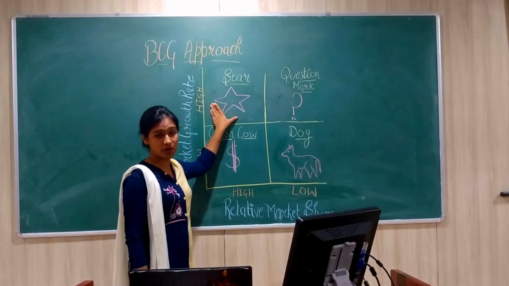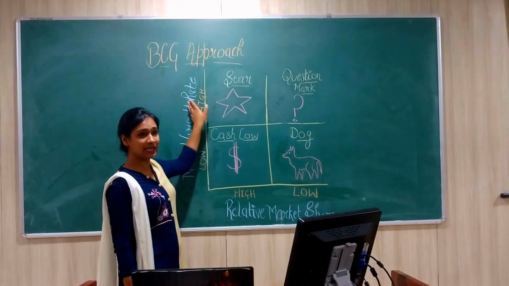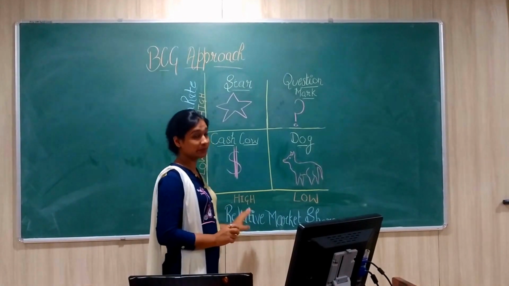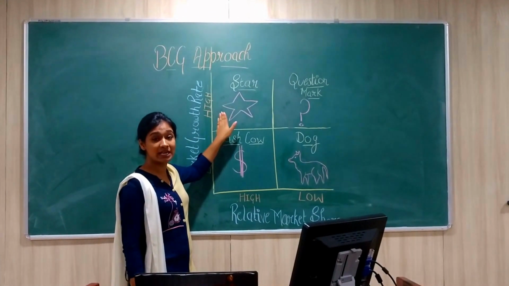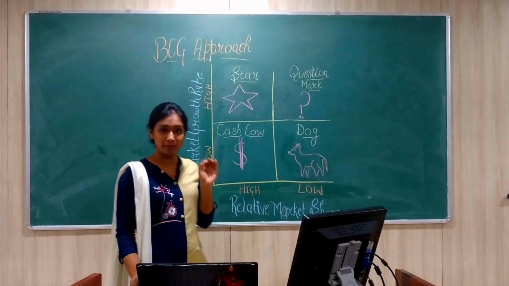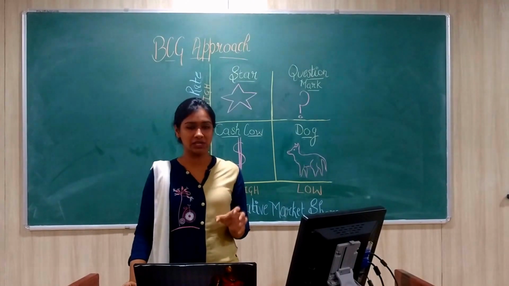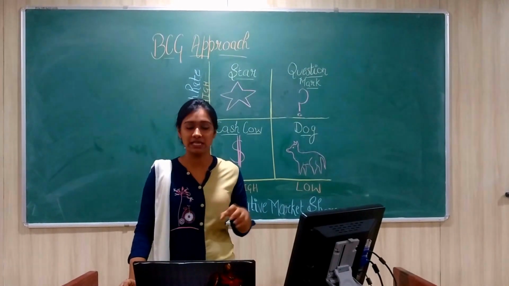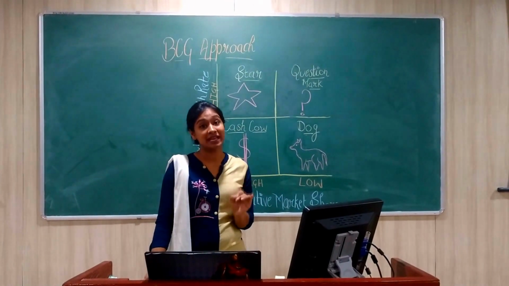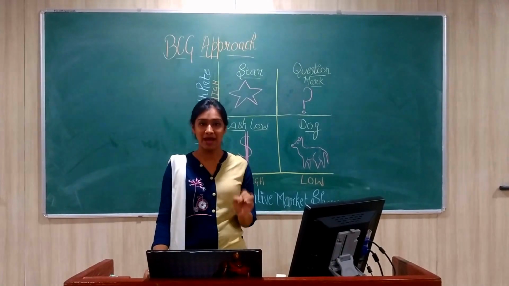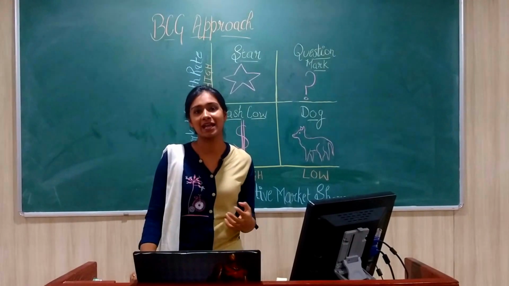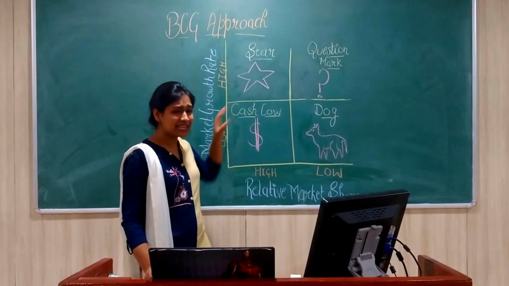In the star quadrant, the market growth rate is very high, and the relative market share is also high. The SBUs under star have a very good market growth rate, and their market share in the business environment is also very high, as your business can make a huge profit by investing a huge amount of cash.